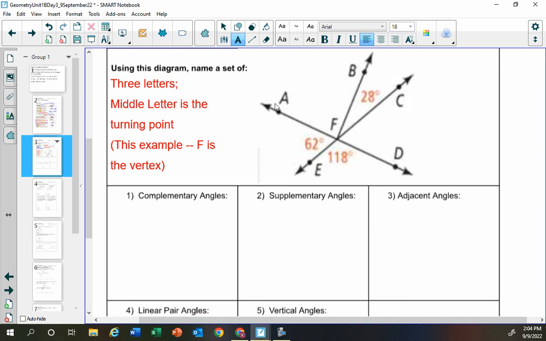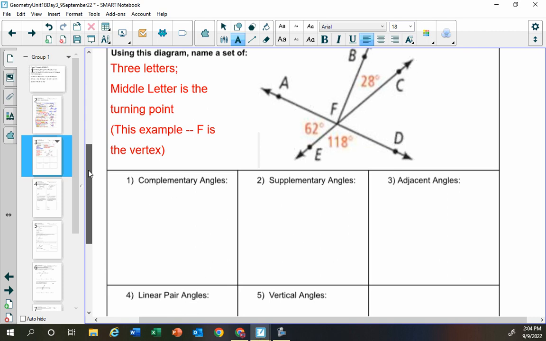What do we know about the relationship between AFE? Okay. And what about CFD? It doesn't have a degree. It doesn't, but the DFE, okay, DFE has a degree. All right.